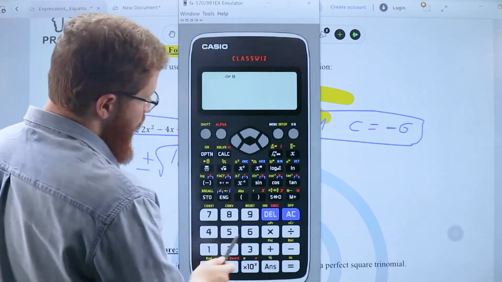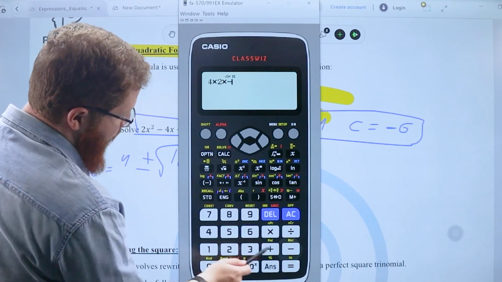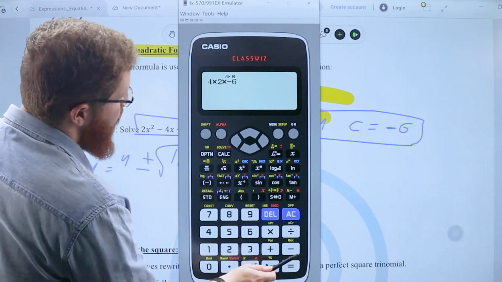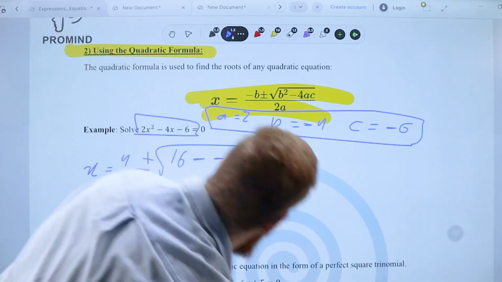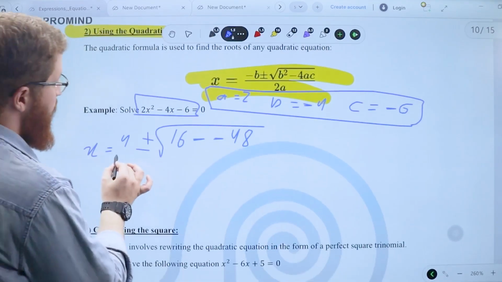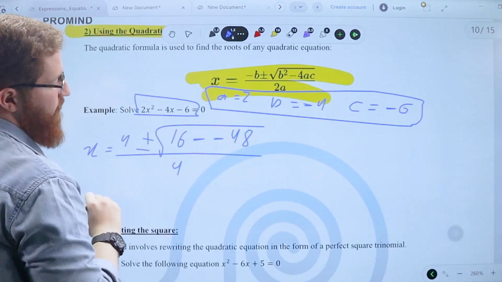Just to be sure, 4 times 2 times minus 6. This should give me minus 48. Very good. Okay. Minus 48. All of this over 2a, 2 times 2, which will give me 4.